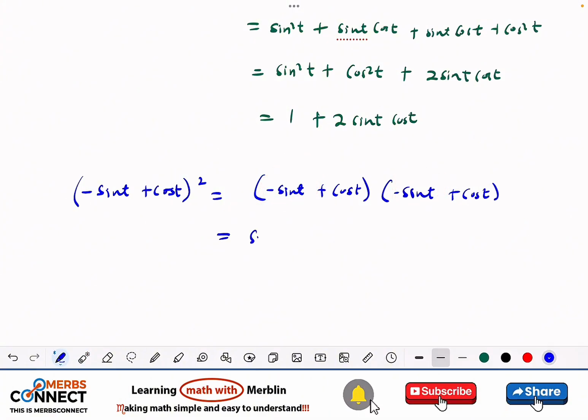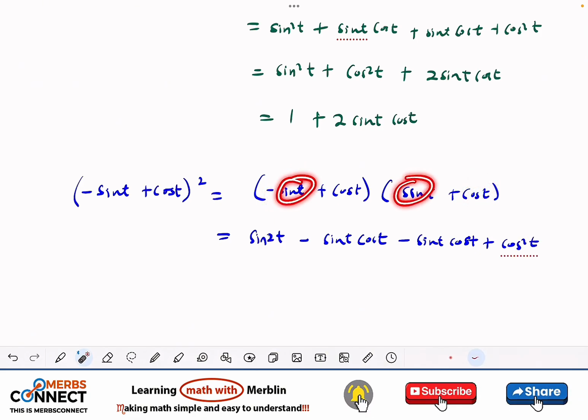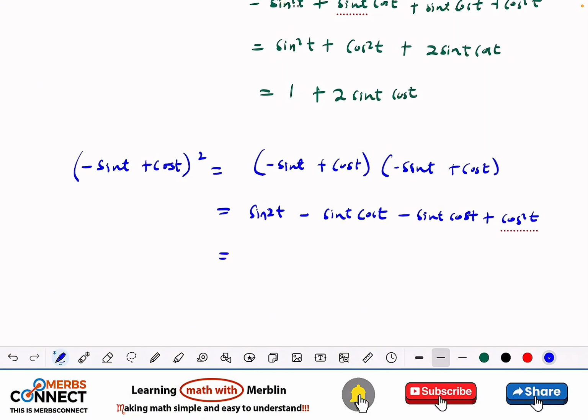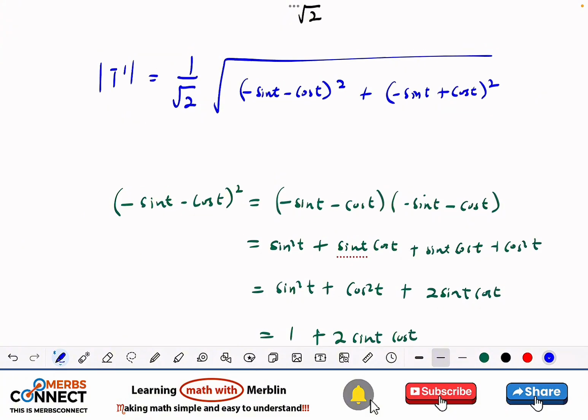This is going to give us sine squared t minus sine t cos t minus sine t cos t plus cos squared t, right? So distribute this and that, and then this is what you're going to get. So I'm going to have sine squared t. I'll bring this one close to this. So plus cos squared t minus 2 sine t cos t. So this is going to give us 1 minus 2 sine t cos t. So we are done with the simplification.